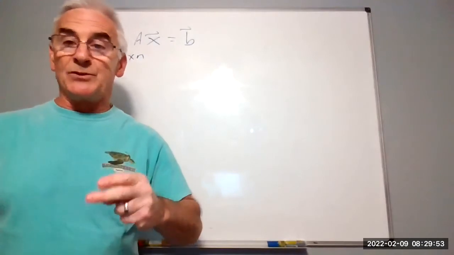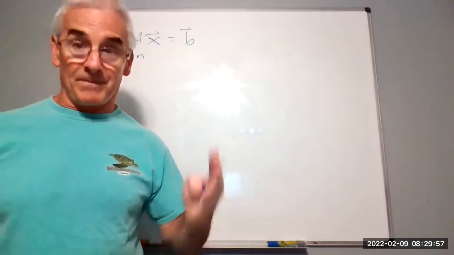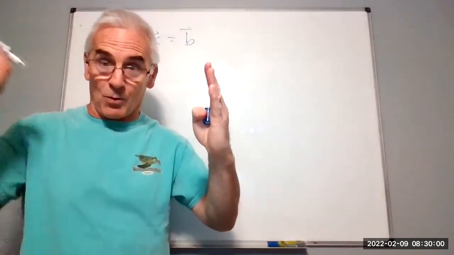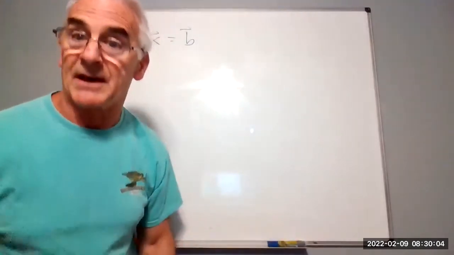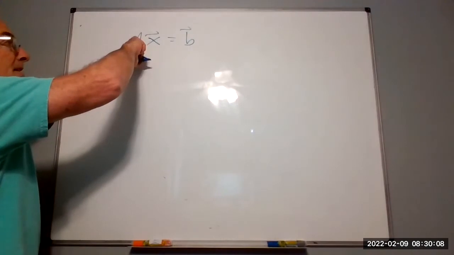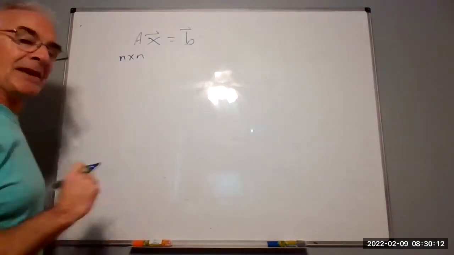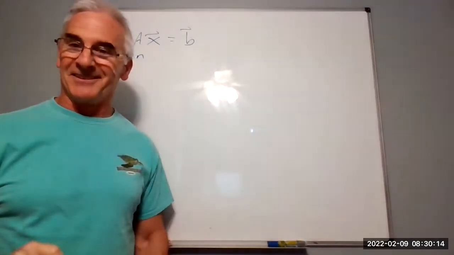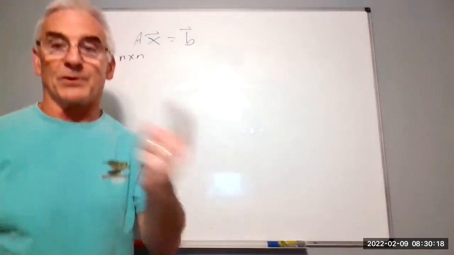So that means when we do the Gaussian elimination and I go for Jordan canonical form, that means the coefficient matrix looks like all ones down the diagonal, then the numbers on the right will be my solution. We did that on day one. So if A is row equivalent to the identity, that's the same as saying this has a unique solution. That's the same as saying A inverse exists. When we say equivalent conditions, if one of them is true, they're all true.